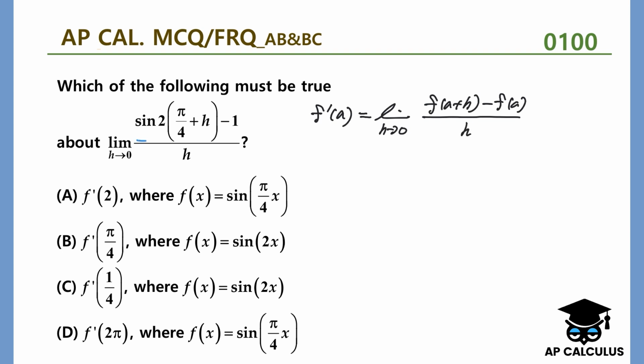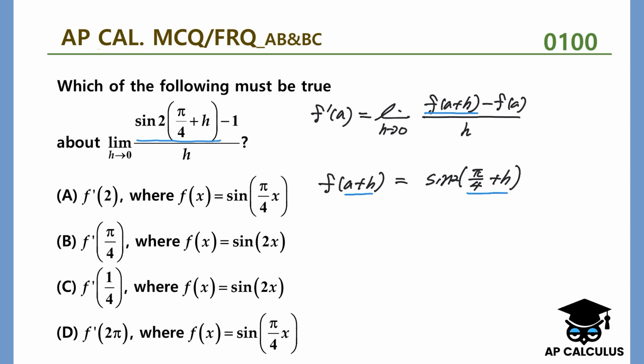So this expression right here, sine 2 pi over 4 plus h, has to be f of a plus h, right? So f of a plus h is equal to sine 2 times pi over 4 plus h. So a plus h is pi over 4 plus h.